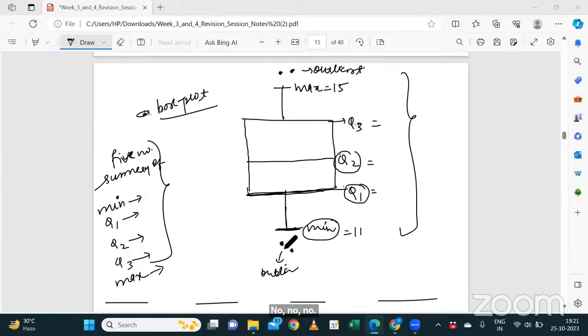Outliers are not considered inside the data set.